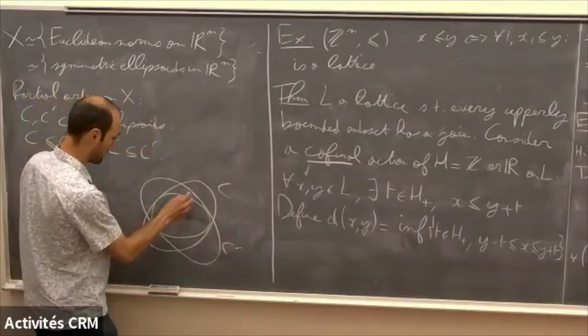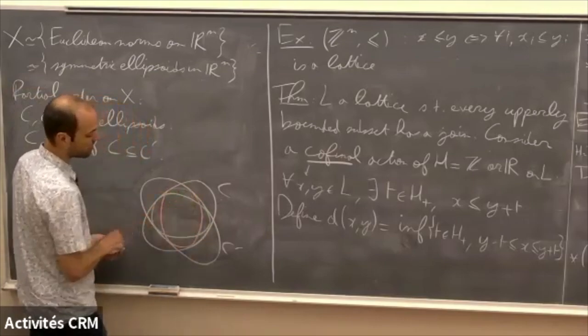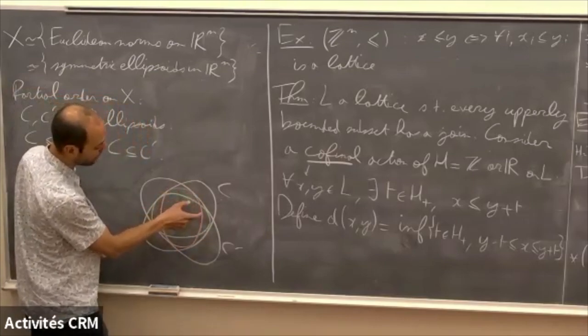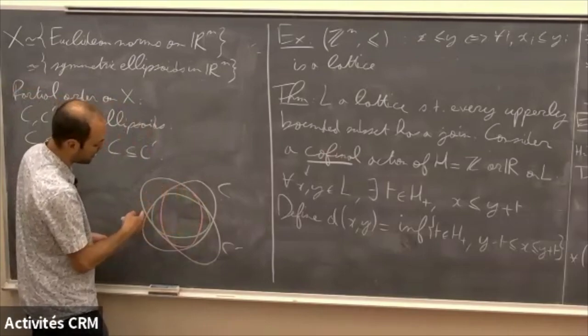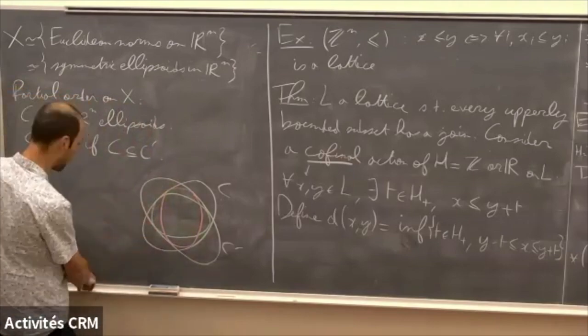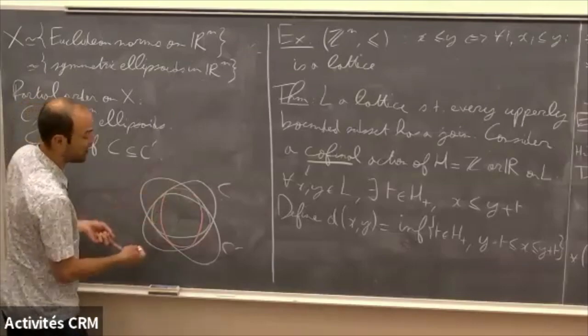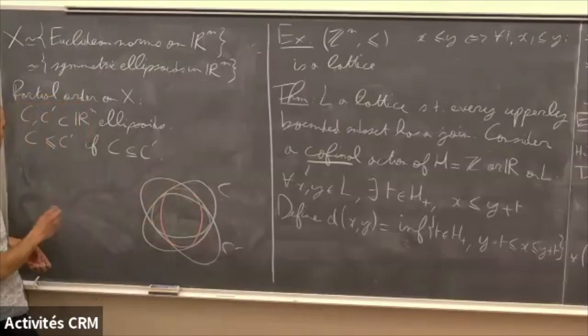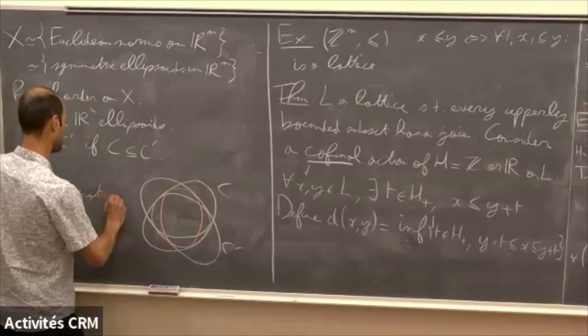I could also try this one. But there's no best ellipse, because I would need an ellipse containing the intersection of C and C prime. So it's not a lattice. Here I see that I have two lower bounds which do not have a common upper bound. So X is not a lattice.